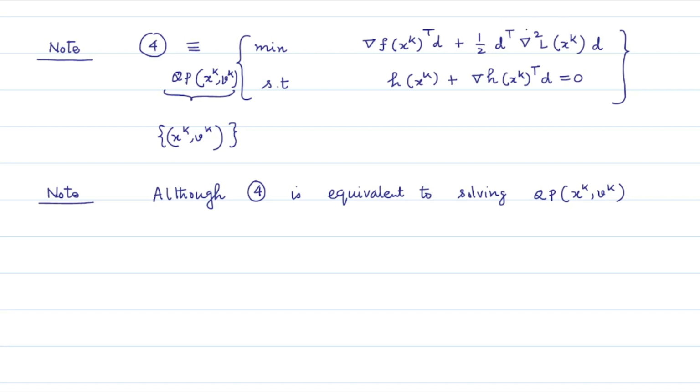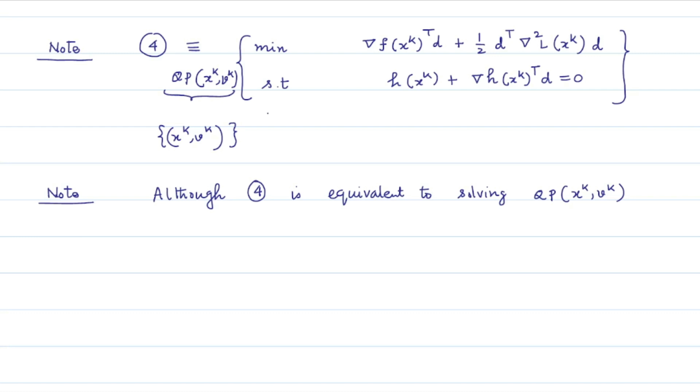And as this term, the objective function of this quadratic programming problem is taking into account the curvature information of the objective function of the original problem capital P, it is expected that if we go for solving this quadratic programming problem iteratively across the iterations xk, vk, we can expectedly move towards that particular KKT point.